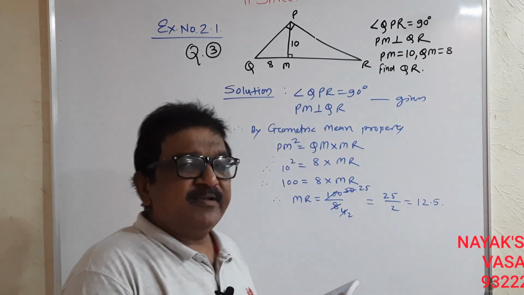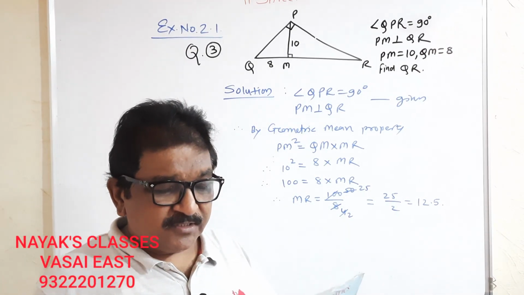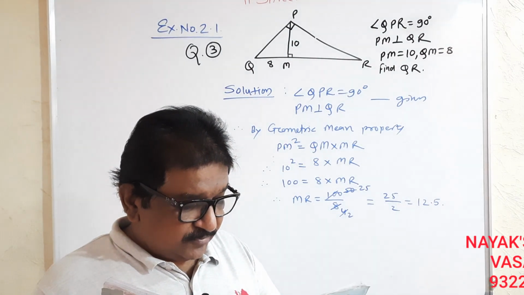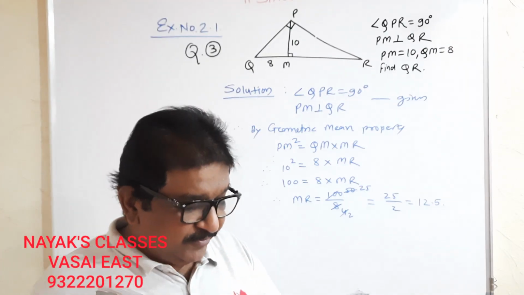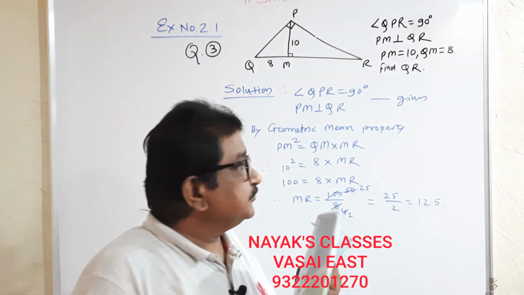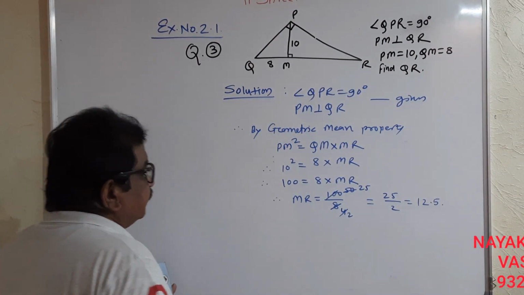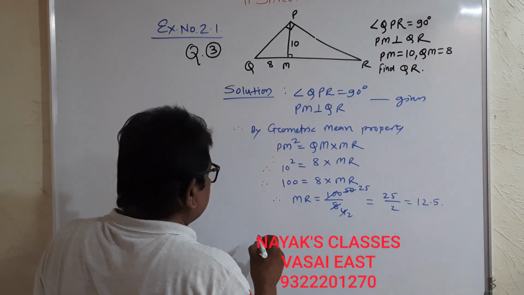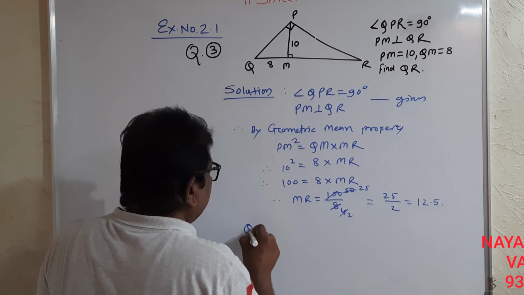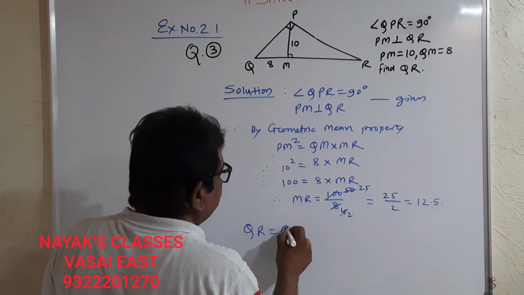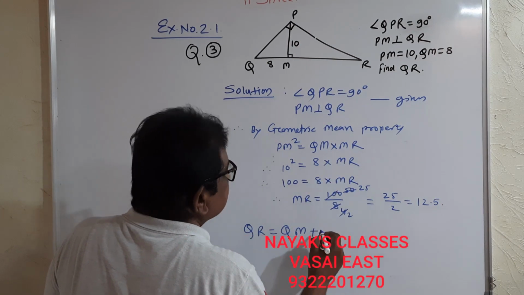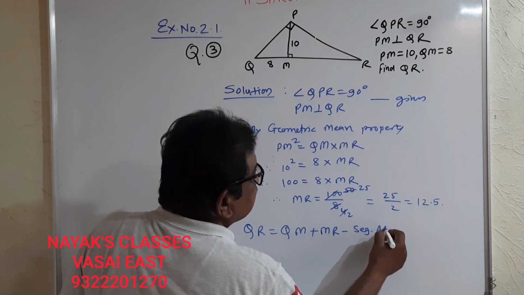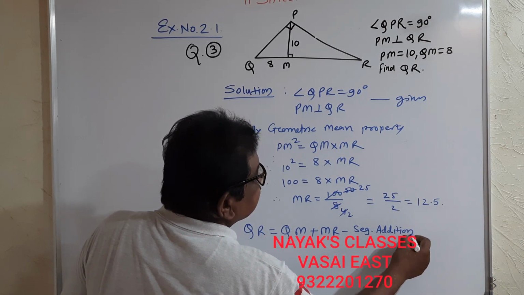They have not given any centimeter or unit, so you have to use units. Units are units. Now they said find QR. QR is equal to QM plus MR, segment addition property.